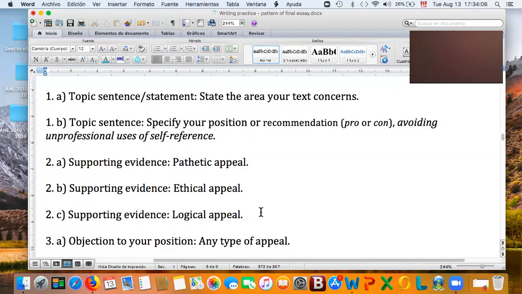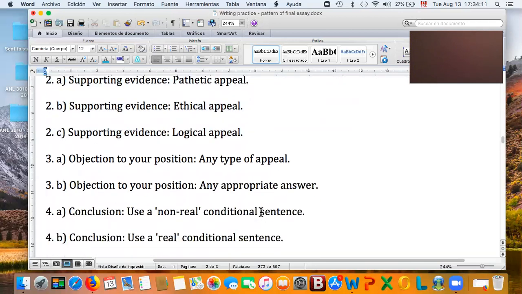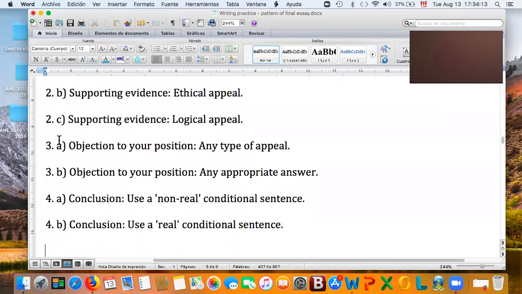But let's pretend that that is what we're doing. Everything is labeled. Point 3, A and B. After you've supported your own position, you have to quote or mention the most serious, the most important objection to your position that there may be. And that may be, of course, of any type.